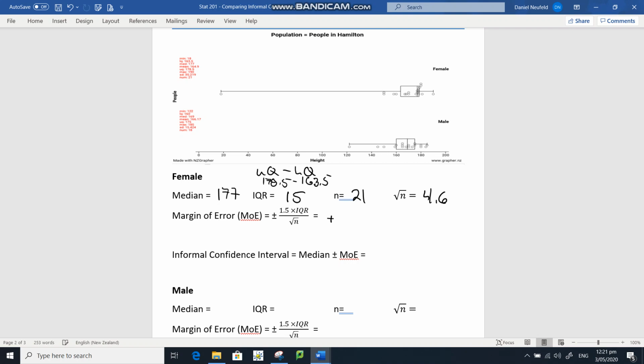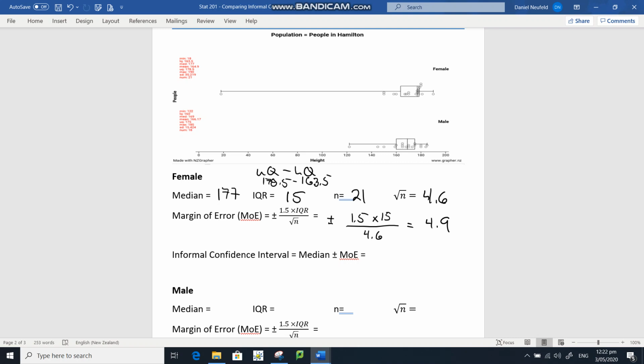So it equals plus or minus 1.5, and again, always 1.5 times my IQR, which is 15, divided by the square root of n, which is 4.6. Put that in my calculator. 1.5 times 15 divided by 4.6 equals, again, I'm going to round here, 4.9.